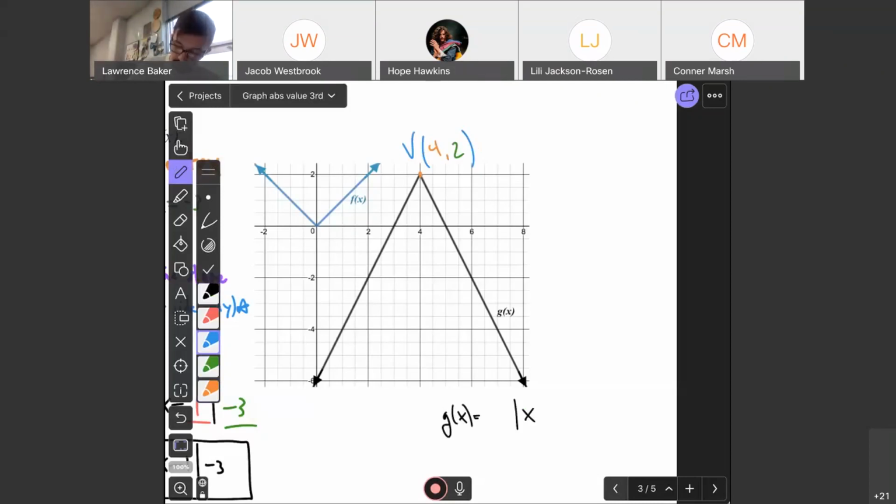Yep. Then I just looked at the slope. What'd you see on the slope? That it was up 2 over 1. Oh, down 2. Yeah, so it's going down to the right one.